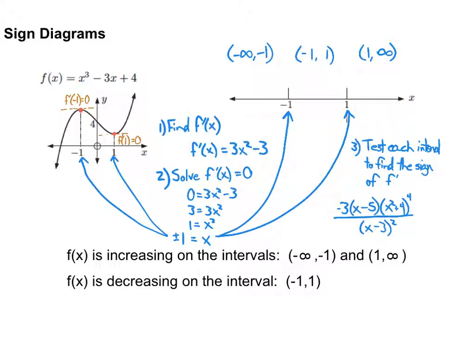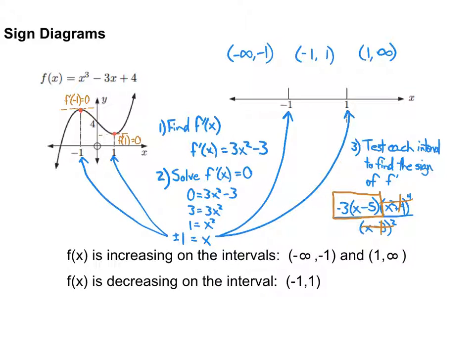Well, if that was my derivative, I know anything to the 4th is going to be positive, and I know anything squared is going to be positive. So do I need to plug the value in there? No. All I really need to test is this little piece right here. Saves us a lot of time. I just plug the different x's into that, and I can figure out if the derivative is positive or negative.